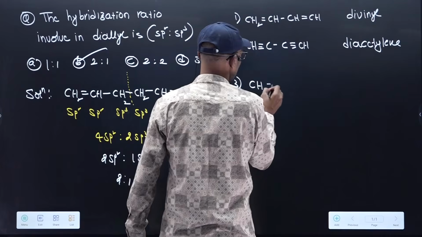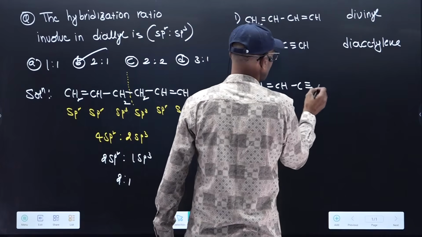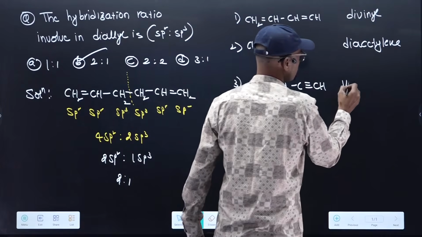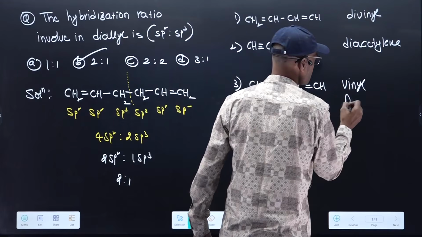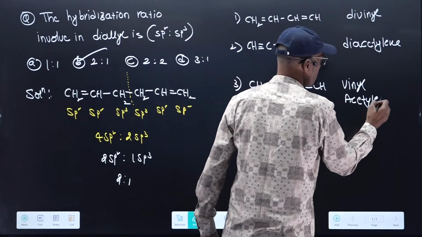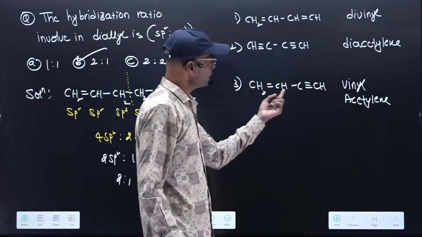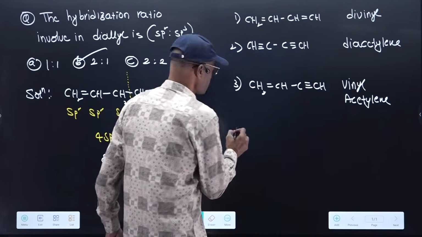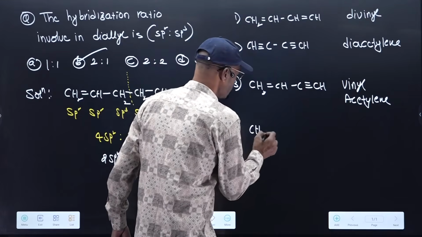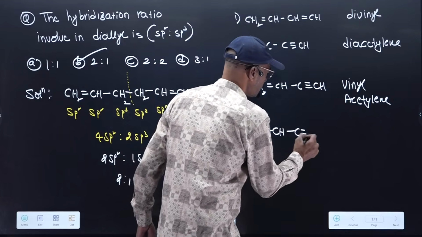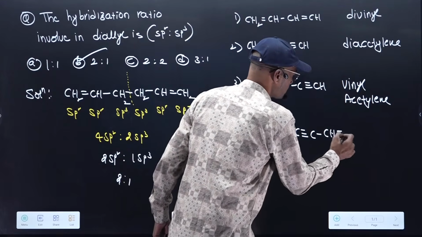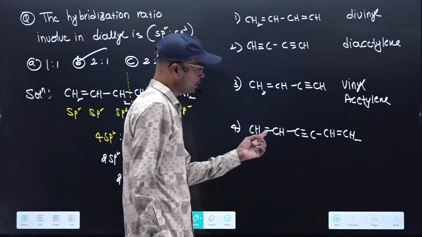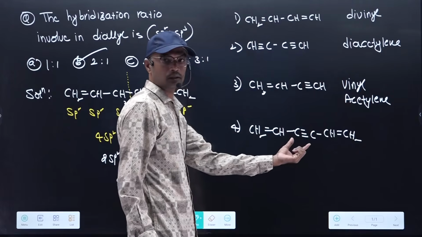And here a double bond is connected to a triple bond. This is called vinyl acetylene. Vinyl acetylene. Okay. So suppose two vinyl units are present, here carbon-carbon triple bond, and on the sides carbon-carbon double bonds. So this is vinyl, here also vinyl. The middle is what? Triple bond.